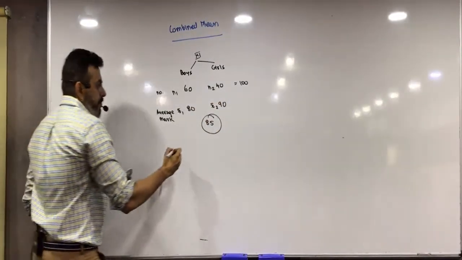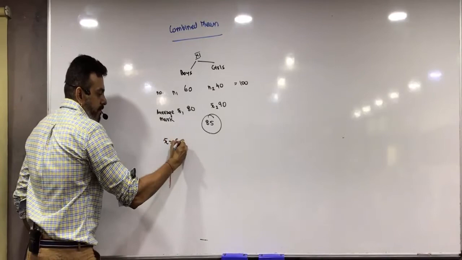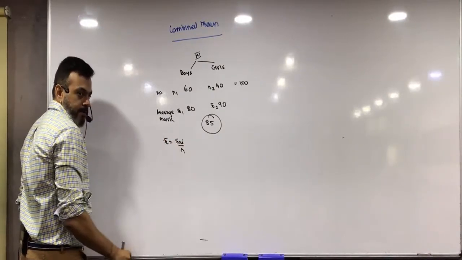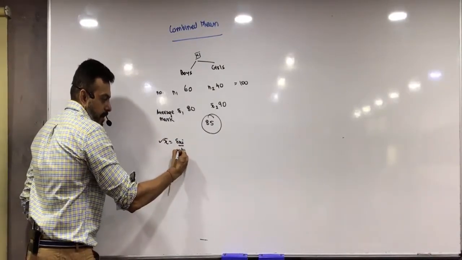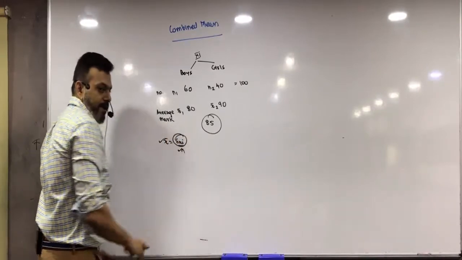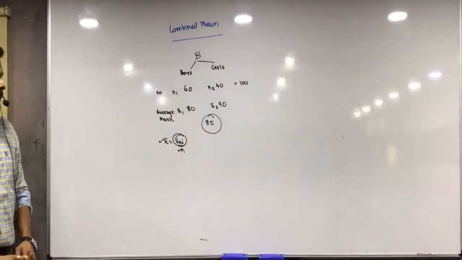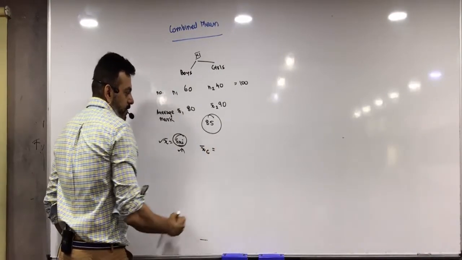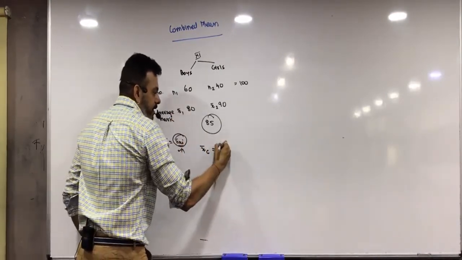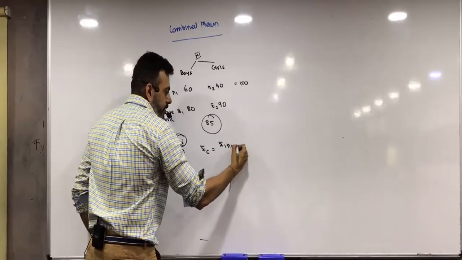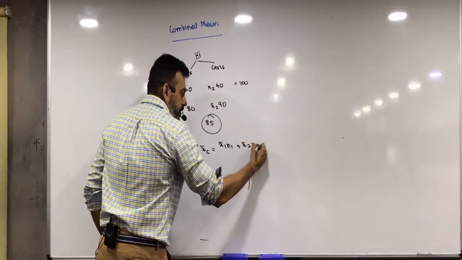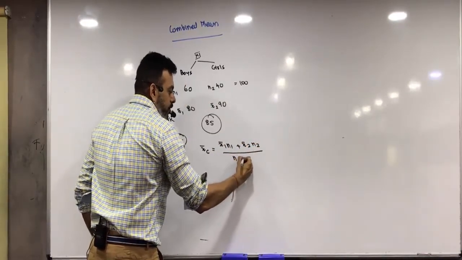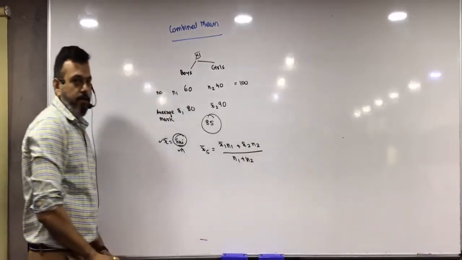Now, formula of mean is sigma xi upon n. X bar is known, n is known. Can we find out sigma xi total? So, we make a formula. X bar c is equal to x bar 1 n1 plus x bar 2 n2 upon n1 plus n2.